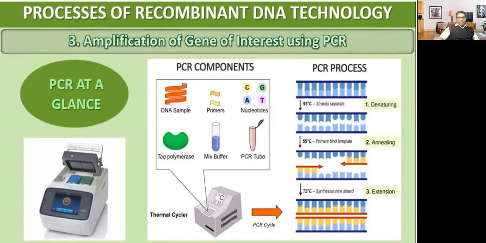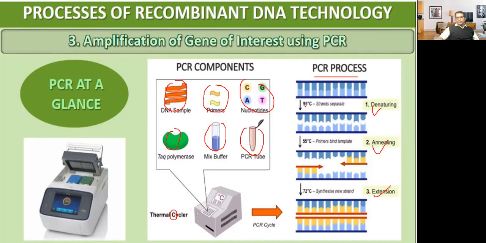So, PCR at a glance. This is a DNA sample. Then primers are there, nucleotides are required, then a PCR tube, a buffer mixture, and Taq polymerase. They are added here. Then they undergo these processes: denaturation, annealing, and extension.